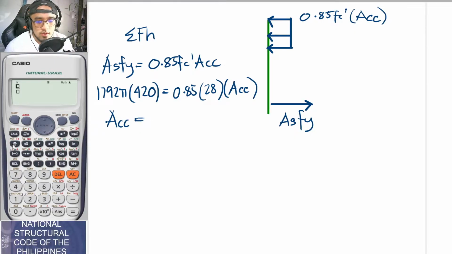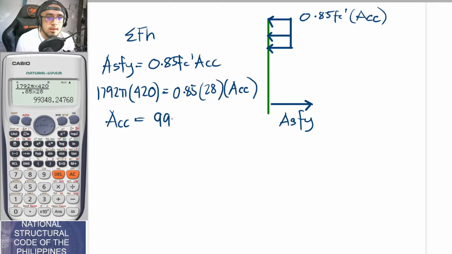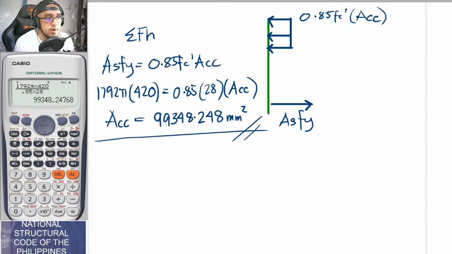That is equal to 1792 pi times 420 divided by 0.85 times 28. So our value for Acc is now equal to 99,348.248 millimeter squared. This is the area of the compressive concrete.